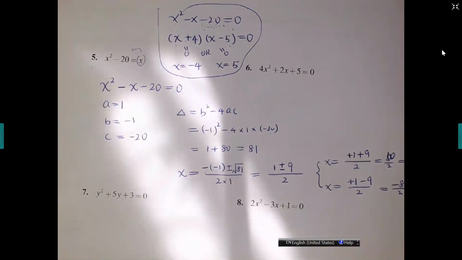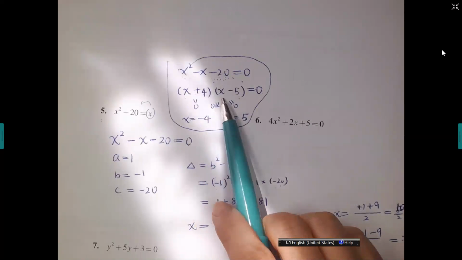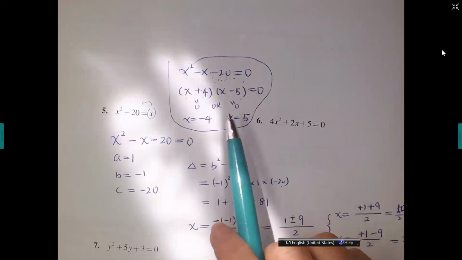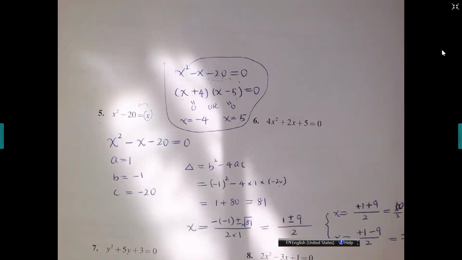It is not the easiest, not the simplest way, but it is the most powerful way. You can always use that one. All right, factoring is a shortcut. If we can use a shortcut, why not? If the shortcut does not work, then we have to use the quadratic formula. Okay, so this is what I want to share with you for section 9.3.